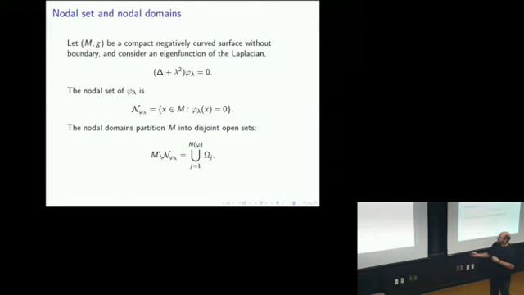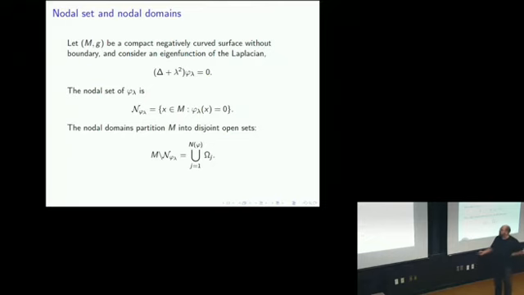So let's just remember the notation. I'm using the notation minus lambda squared for the eigenvalue of the Laplacian. The Laplacian is actually a negative operator, so it has negative eigenvalues. To make that clear, we point out that lambda squared is positive. Then the nodal set of lambda is just the zero set.